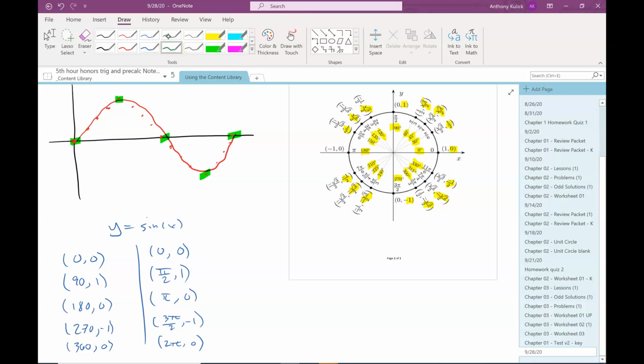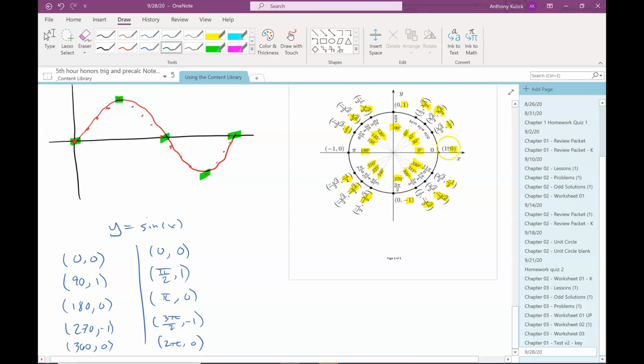What would change if we were instead using cosine? Well, instead of plotting the angle with the y-coordinate from the unit circle, we'd be plotting the angle with the x-coordinate from the unit circle.